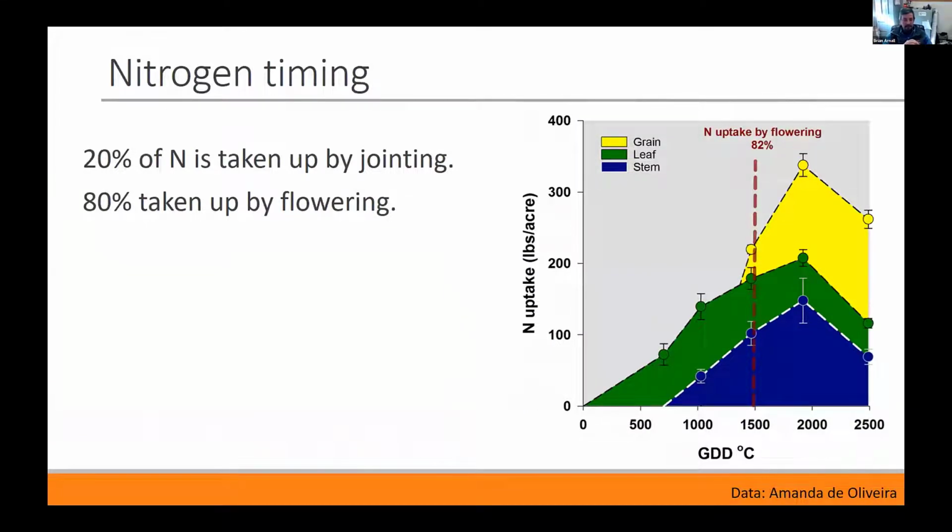This graph right here is one I've been showing often lately. I think it's a great representation. It actually comes from Dr. Silva, our small grains extension specialist, dissertation work, and she had some of this discussed last week in the wheat session.